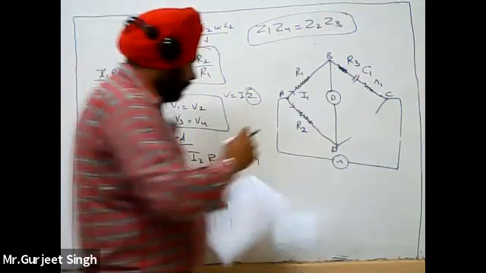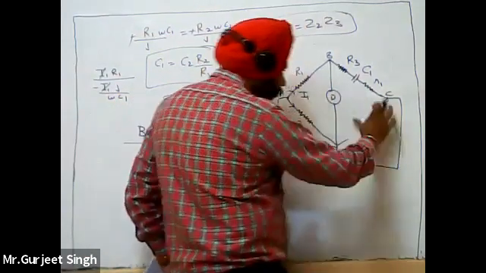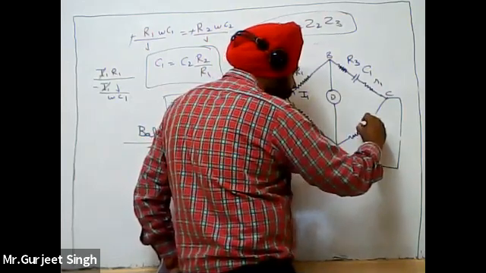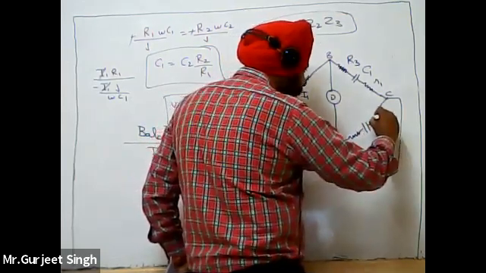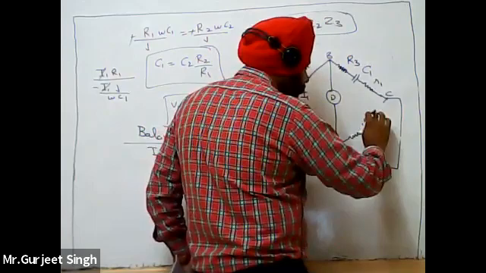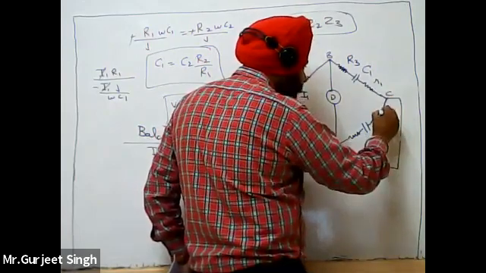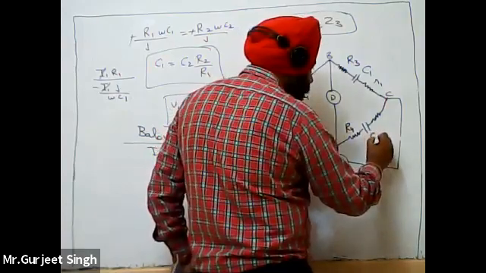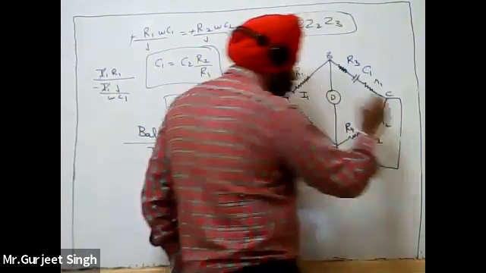Similarly, in the fourth arm we have added one resistance, then a capacitance, then again a resistance. So this is R4, this is C2, this is R2.